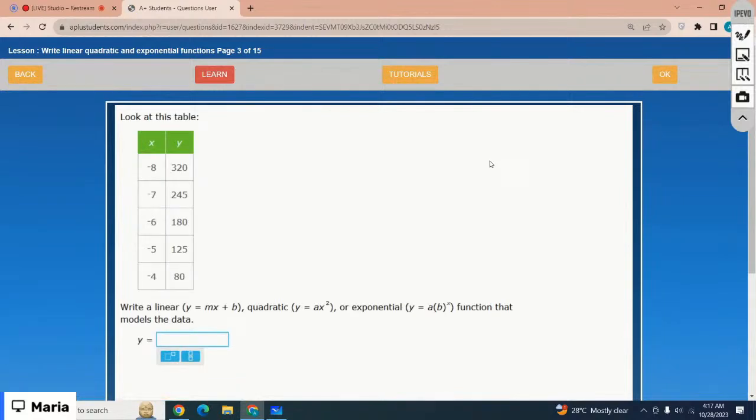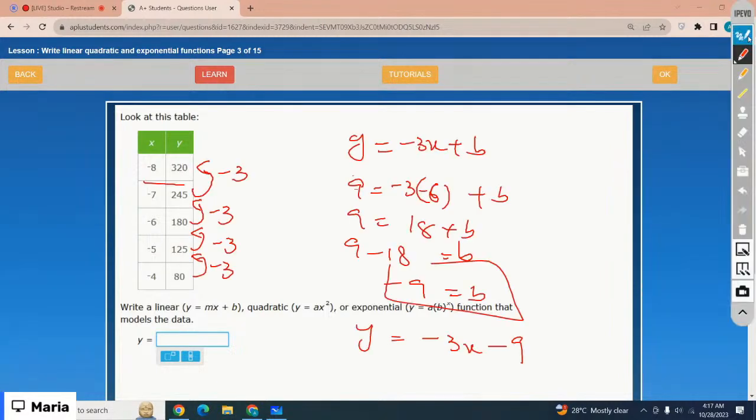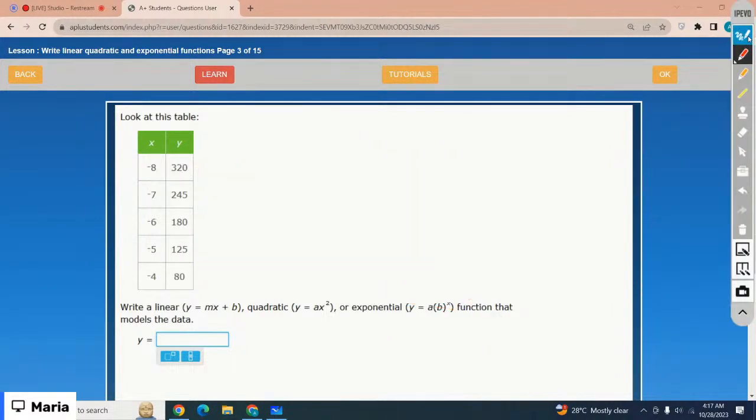Okay, let's just calculate their first differences, right? Okay, 245 minus 320 is -75.